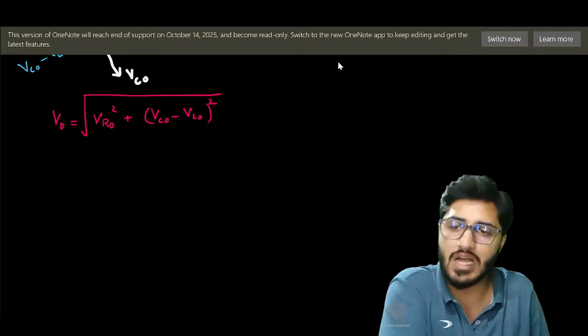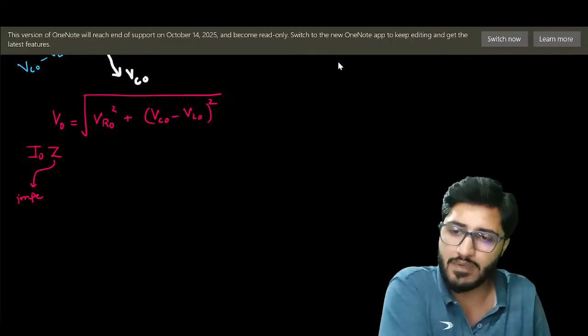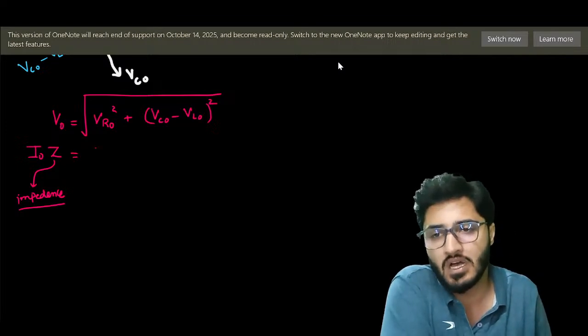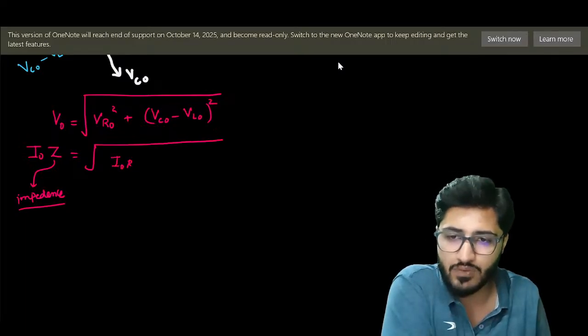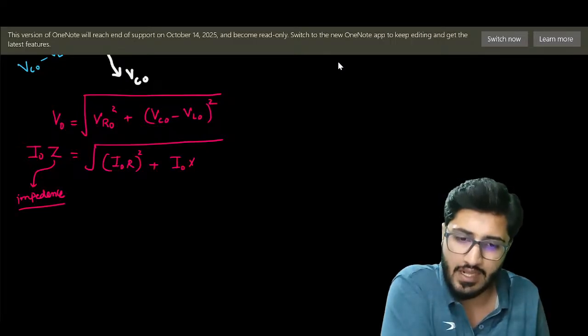What is V? V equals to IR, where Z is impedance. Impedance simply indicates the net opposition created by more than one component. Under root, V equals IR, I can write I naught R square plus I naught XC minus I naught XL whole square.